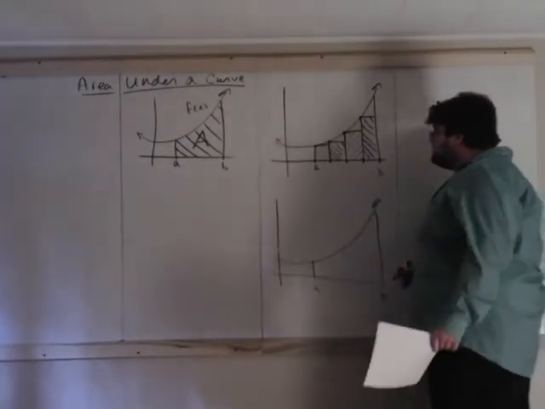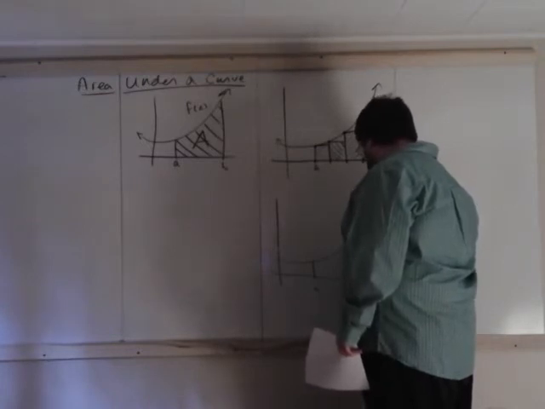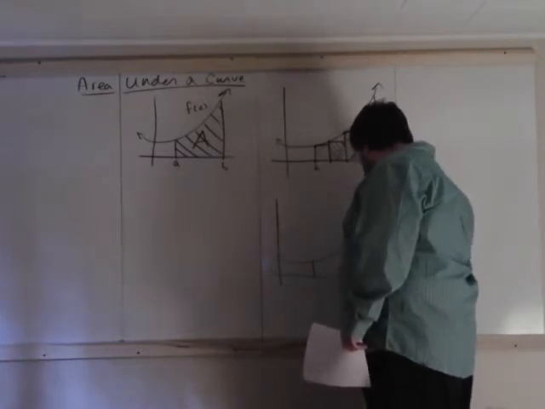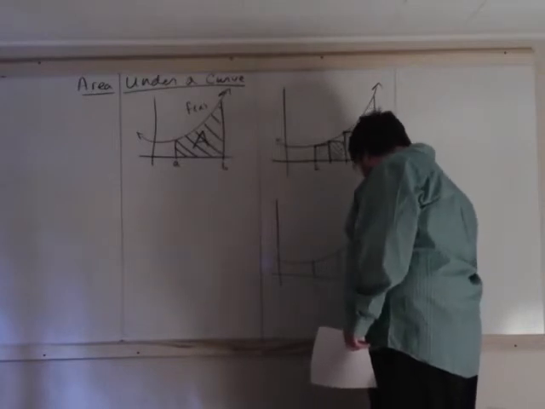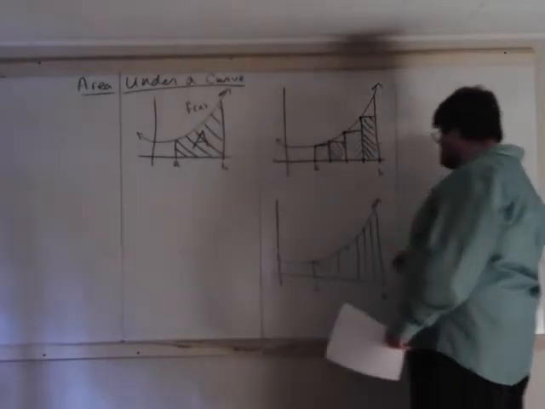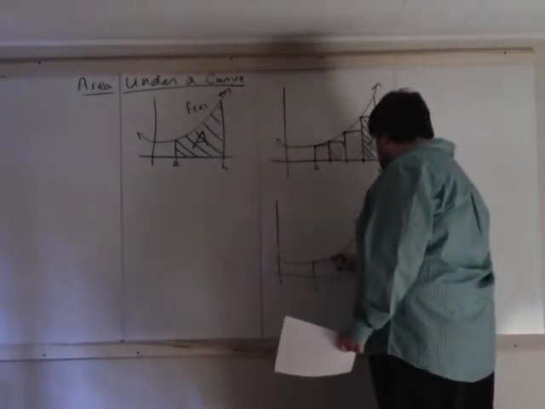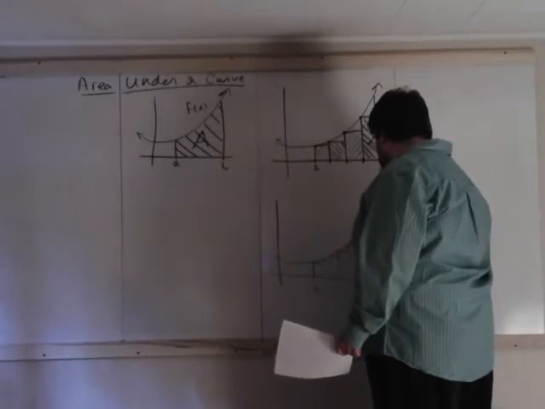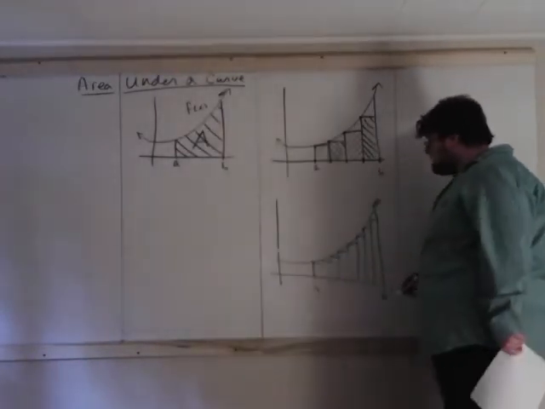But what would happen if we divided it into more than just 4 rectangles? What if we divided it into, I don't know, however many I'm about to make? Looks like 8. If we divided our interval into 8 pieces and used them to form rectangles, that would look like those 8 rectangles.